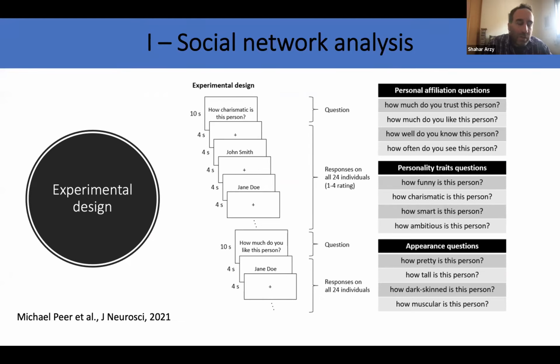The original intention of ours was to evoke an image or representation of these people and see how the social network that is represented in the brain is correlated to the objective social network as it is in Facebook. And we asked questions from three different categories. One about personal affiliation, for example, how much do you trust or like this person? One about personality traits, how funny is this person, how charismatic, and one about appearance, how pretty, how tall.